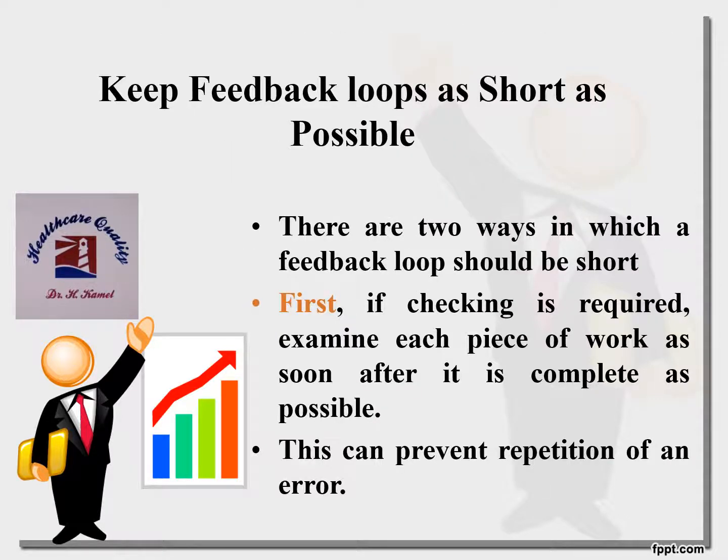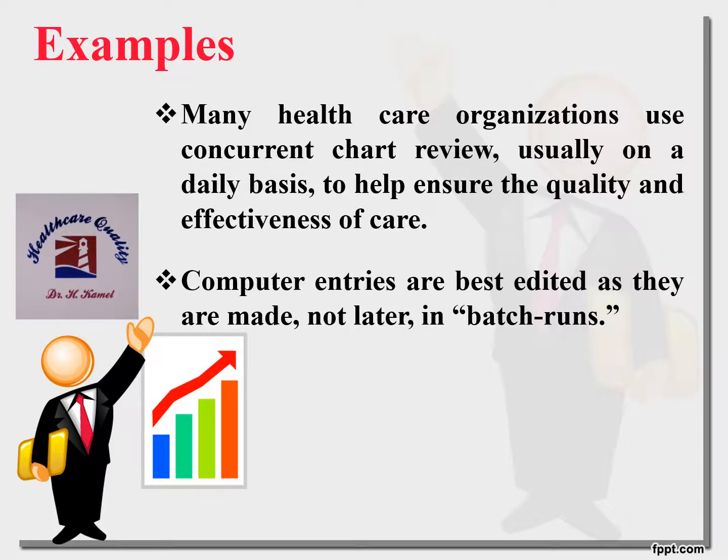Keep feedback loops as short as possible. There are 2 ways in which a feedback loop should be short. First, if checking is required, examine each piece of work as soon after it is complete as possible. This can prevent repetition of an error. Examples: many healthcare organizations use concurrent chart review, usually on a daily basis, to help ensure the quality and effectiveness of care.